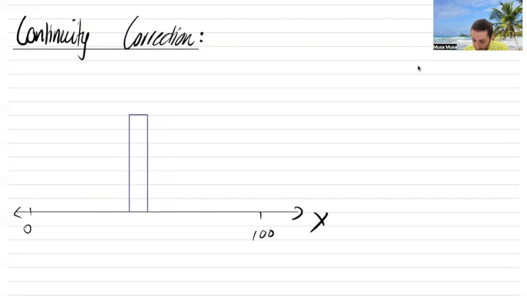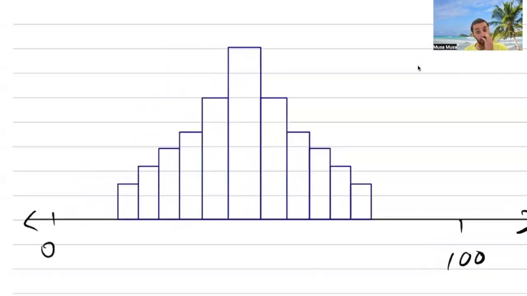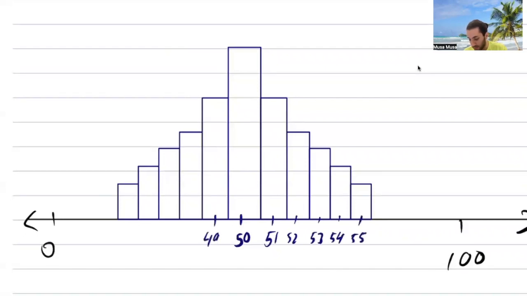Okay. Now this is our histogram, and it represents, say, landing on 50, and then 51, 52, 53, 55, and then 49, 48, 47, 46, 45.